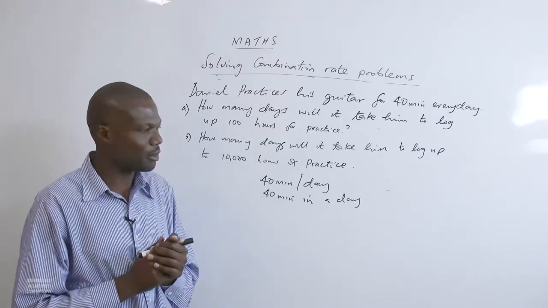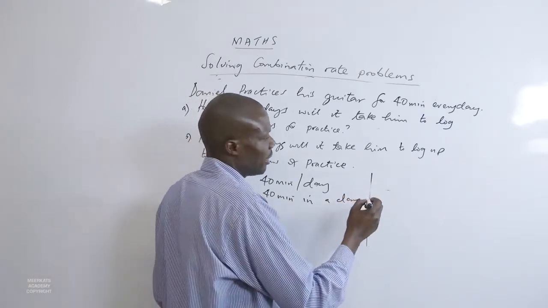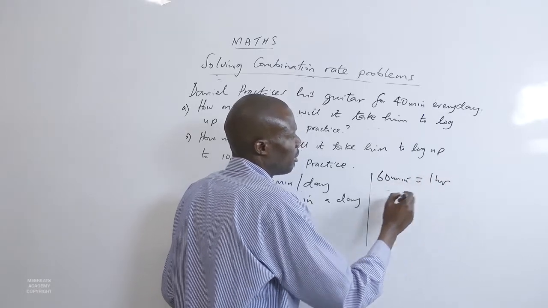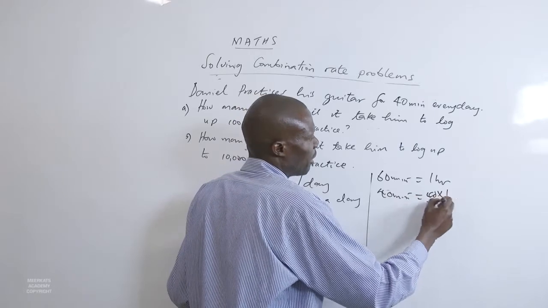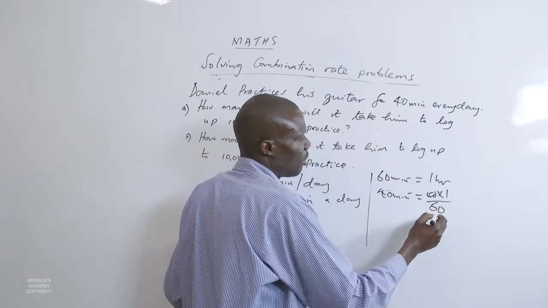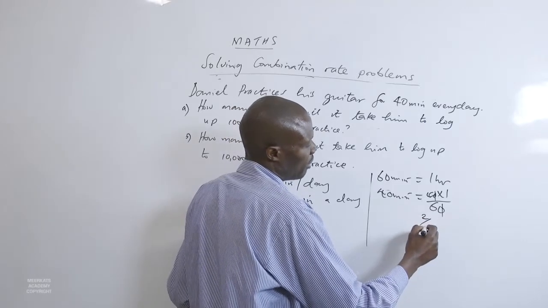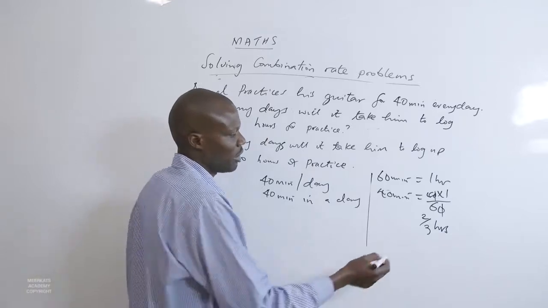change the 40 minutes into hours. So, besides this outside here, I'll say 60 minutes is 1 hour. 40 minutes will be 40 multiplied by 1 divided by 60. We will find that this one will give me how many hours? 2/3 hours. That is 4/6 or 2/3 hours.